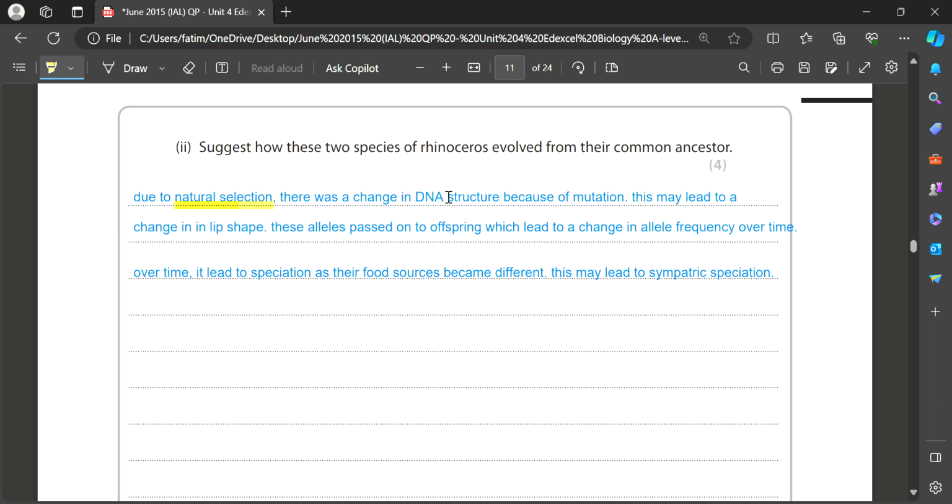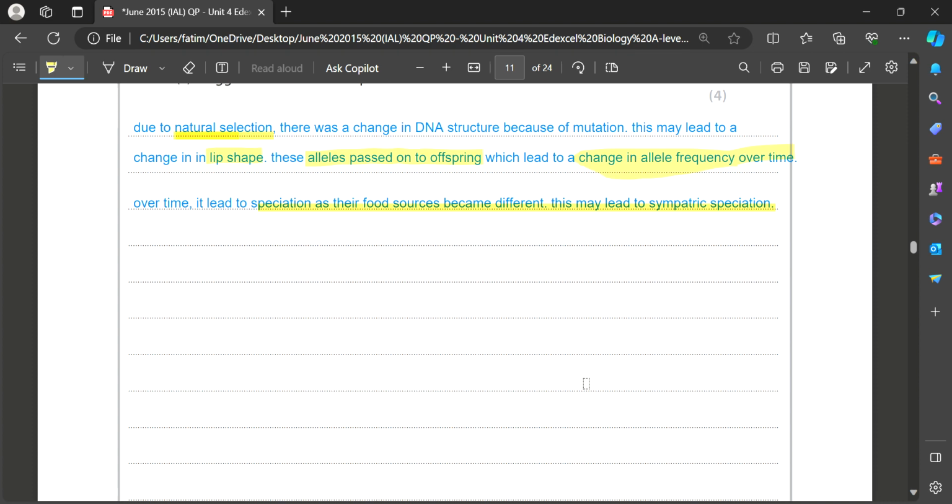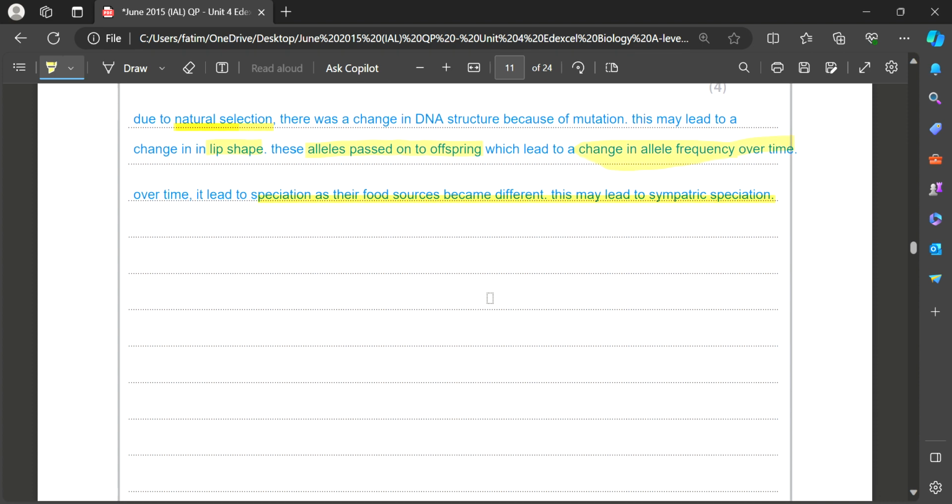Then we can say change in lip shape, that's basically us applying it, and alleles will be passed to offspring is another point, leading to change in frequency is another point, and over time it may lead to speciation. This whole thing is another point. And so we get the 4 marks. We did a bit more, but that's it.